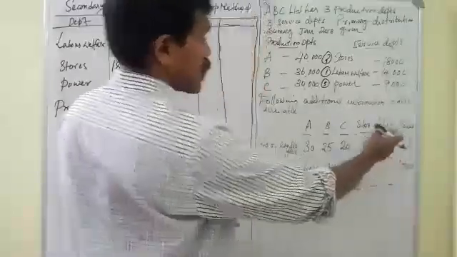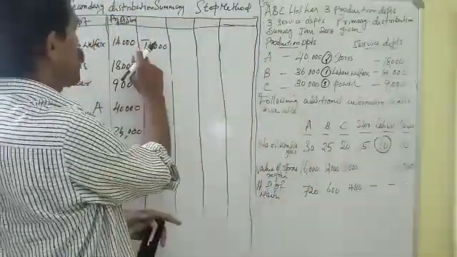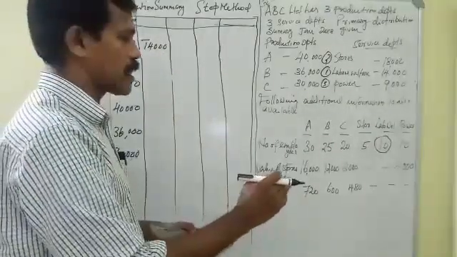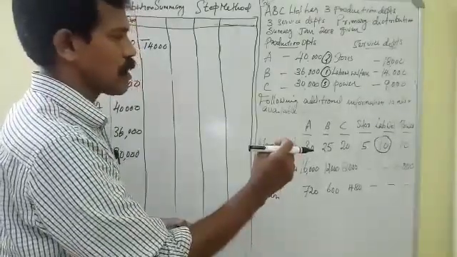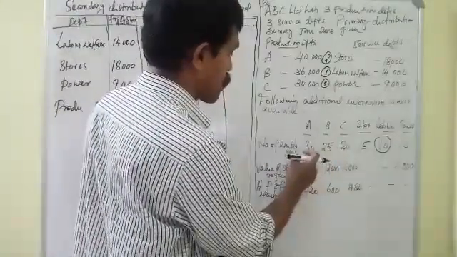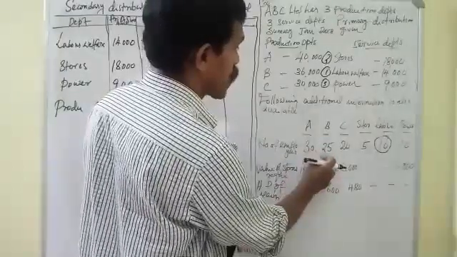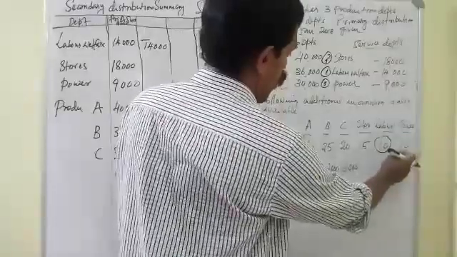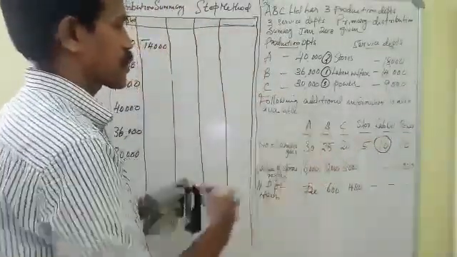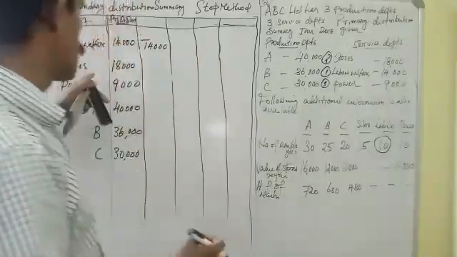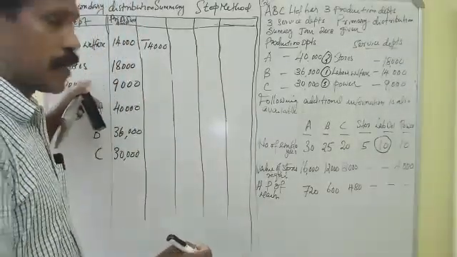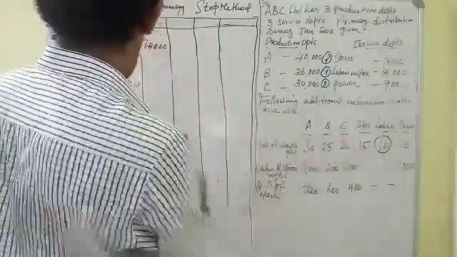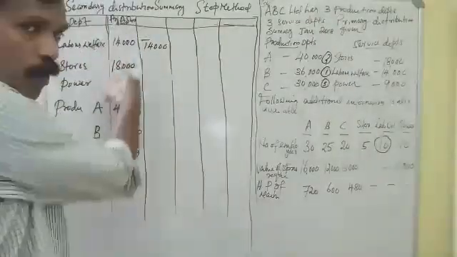Then we distribute the labor welfare department's overheads among other departments in the proportion of A 30, B 25, C 20, stores department 15, and power department 10. Firstly we distribute to our stores department, so we rearrange these number of employees in the order of the departments.